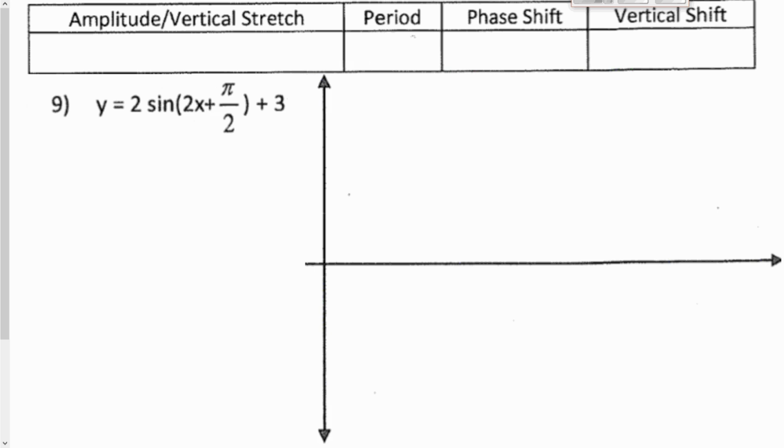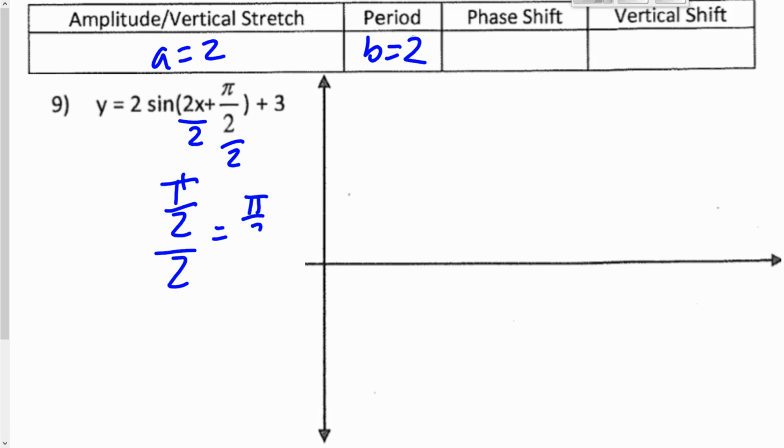Okay, so here we go, just graphing regular sine, right? So our A is 2, our B is 2, but we need to rewrite this, right? So if we divide by 2, well, dividing pi halves by 2 is like taking pi halves and multiplying it by 1/2, which is pi fourths. So that number in there.